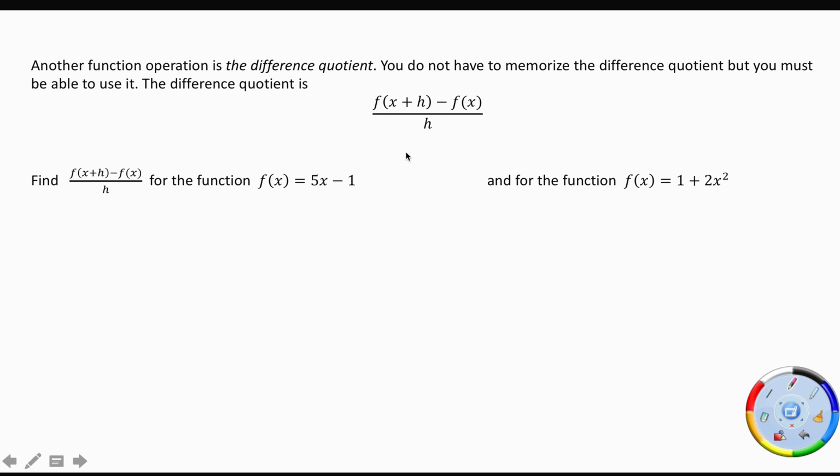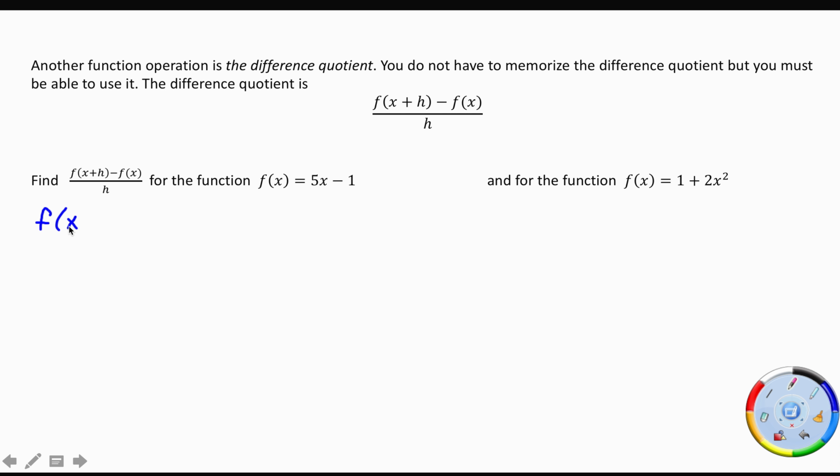So a problem would say something like, find this difference quotient for this function. In other words, you don't have to memorize what the difference quotient is yet. Not in this course anyhow. Okay, so I'm going to find the difference quotient for this function. First of all, I'm going to do it in steps.